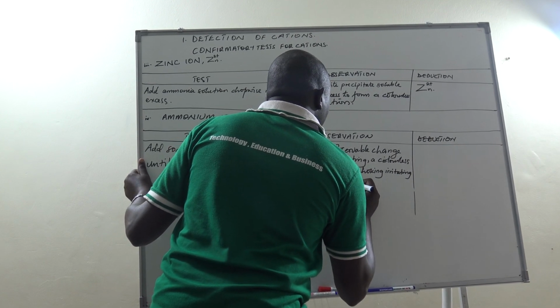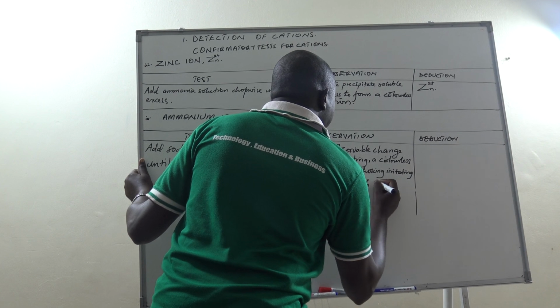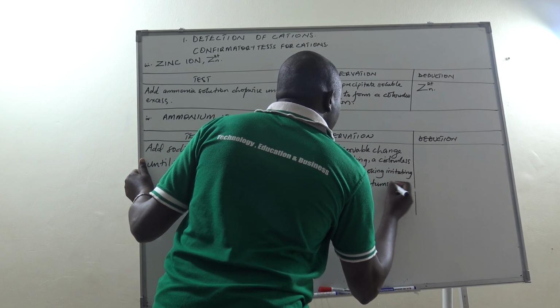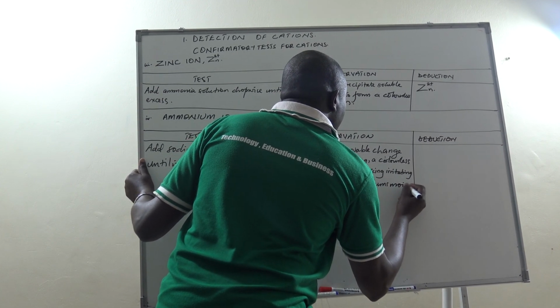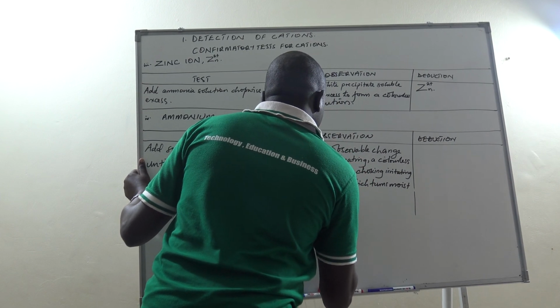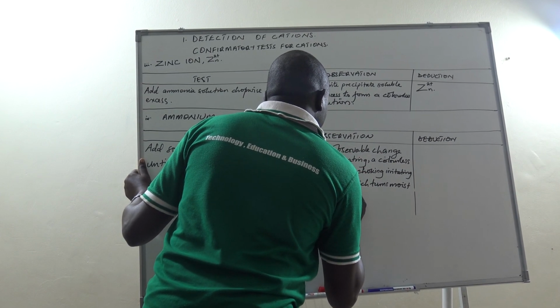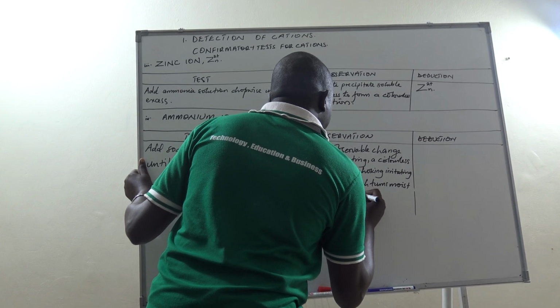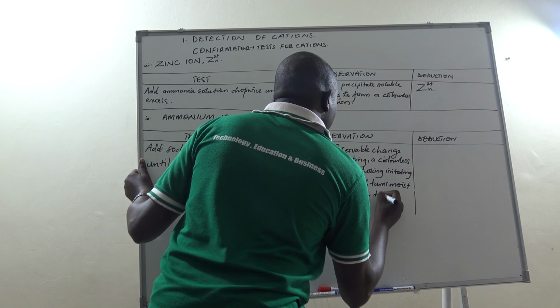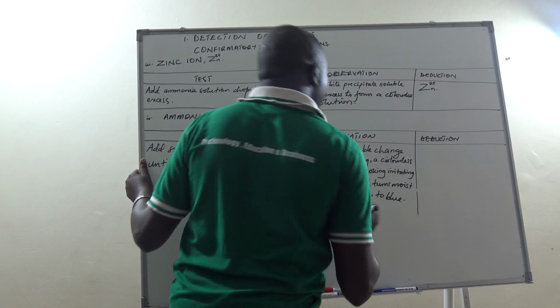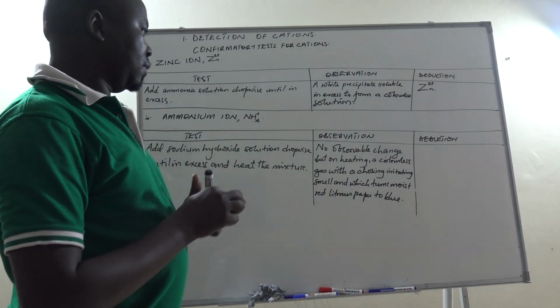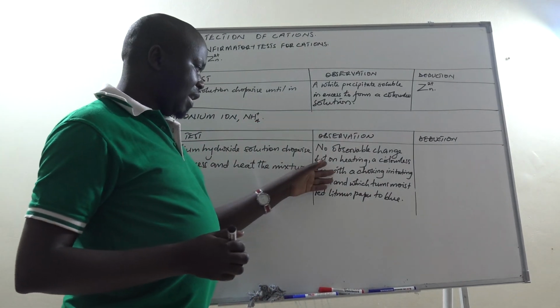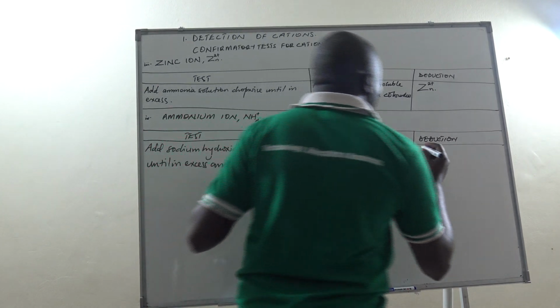and which turns moist red litmus paper to blue. So ammonia is the only common alkaline gas that we deal with here in qualitative analysis.